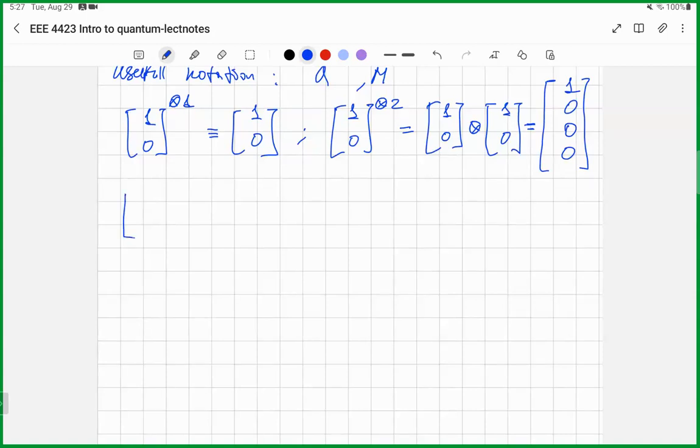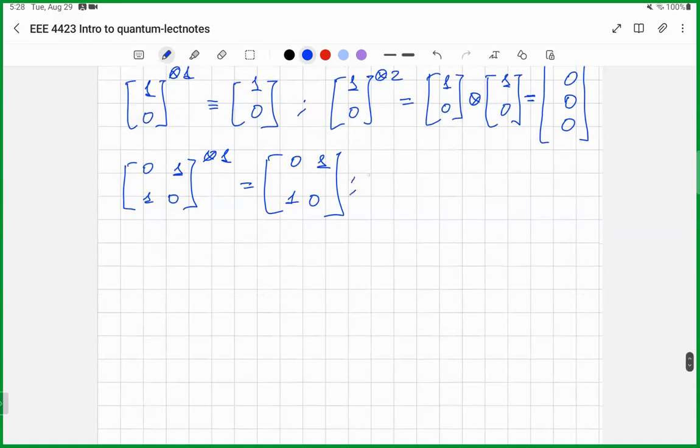And the same way it can be expanded to tensor power 3, 4, etc. And for a matrix like (0, 1; 1, 0), it's another type of pretty useful matrix. Again, tensor power 1 gives the matrix itself. But for the tensor power of 2, it's the matrix by matrix.